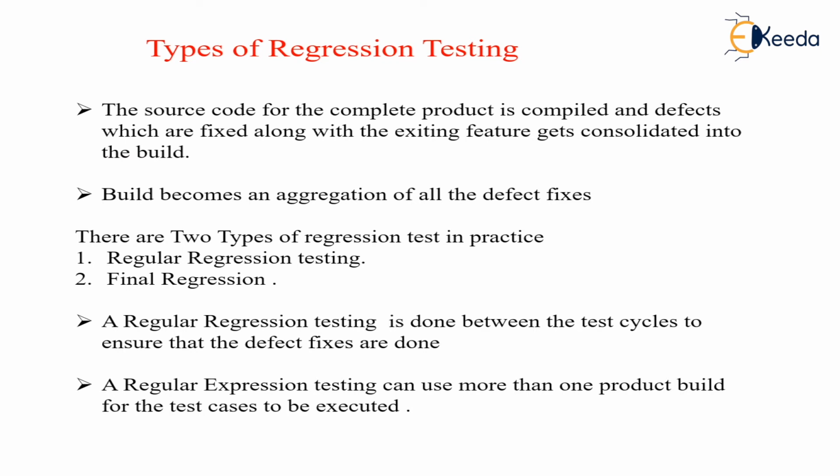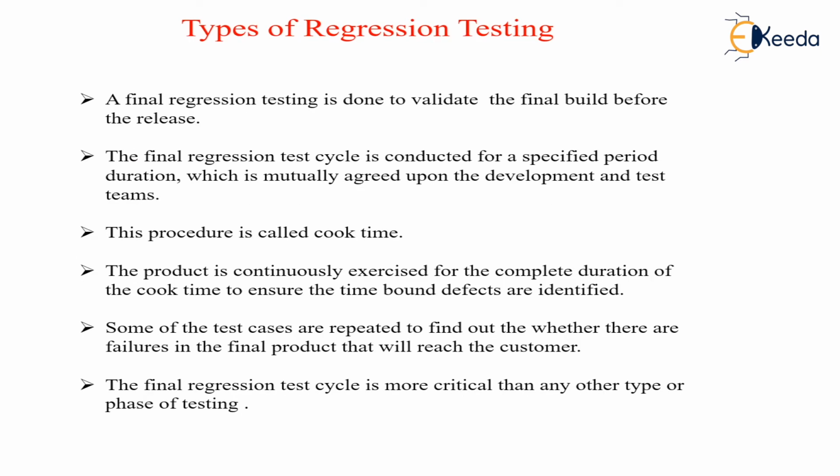Next, final regression testing is done to validate the final build before the release. The regression test cycle is conducted for a specified duration, which is mutually agreed by the development and testing teams, because they have to conduct this.